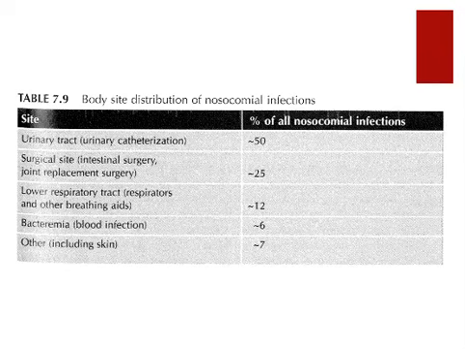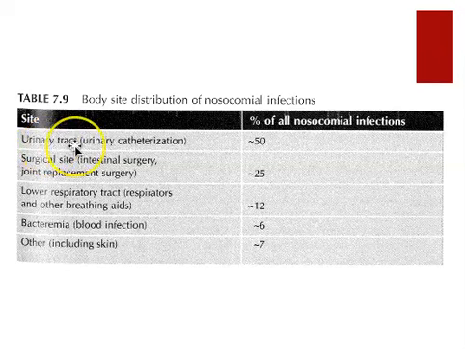On this slide, we can see a table that comes out of a textbook showing the body site distribution for nosocomial infections. On the left-hand side, you can see the different types of body sites, and on the right-hand side, you can see the percentage of all nosocomial infections that occur at each body site.